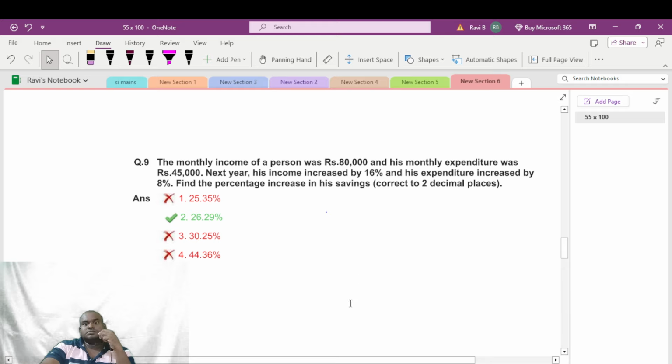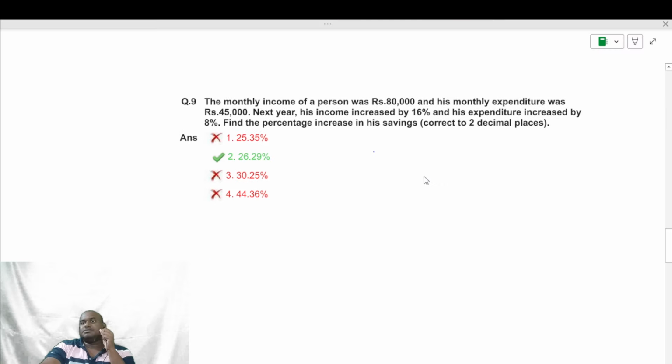Next question. The monthly income of a person was rupees 80,000 and his monthly expenditure was 45,000. Next year, his income increased by 16% and his expenditure increased by 8%.